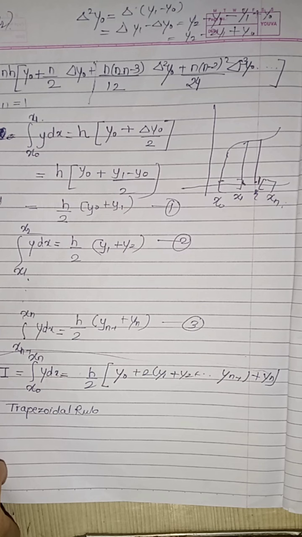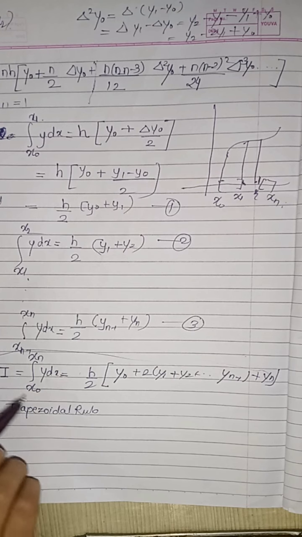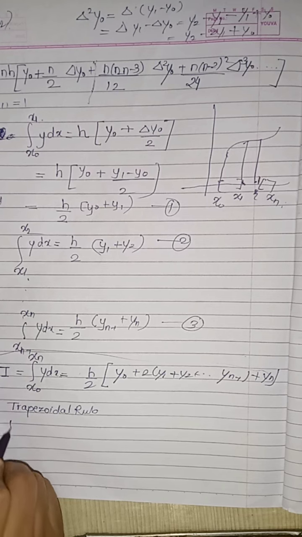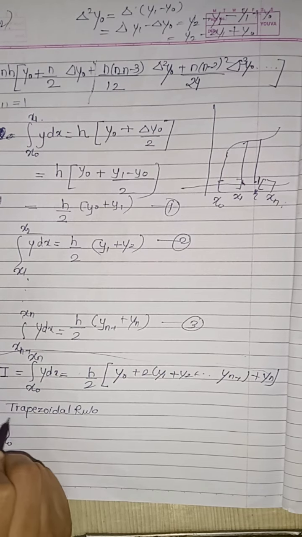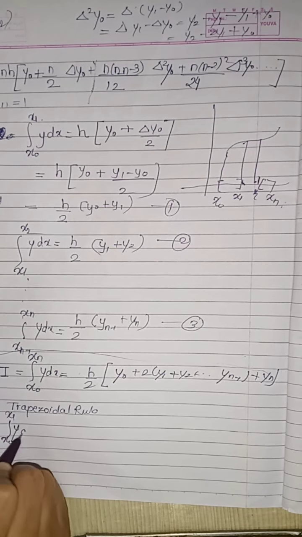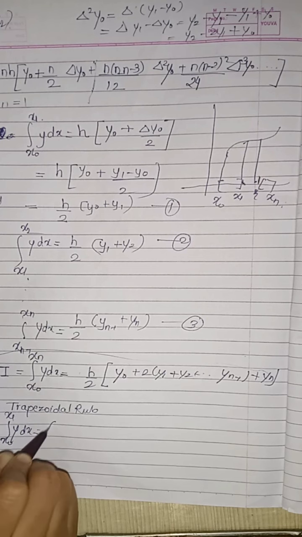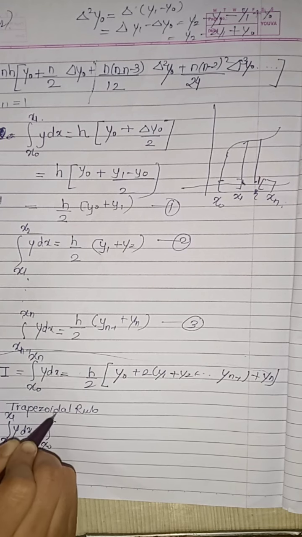Now to find the error of this rule, you have to use Taylor series expansion. So again, if you want to consider the integral from x0 to x1 of y dx, it is equal to the integral from x0 to x1.